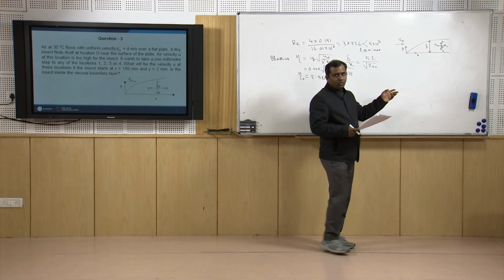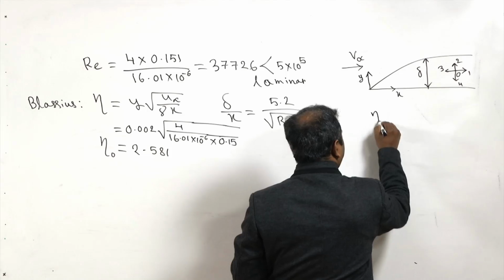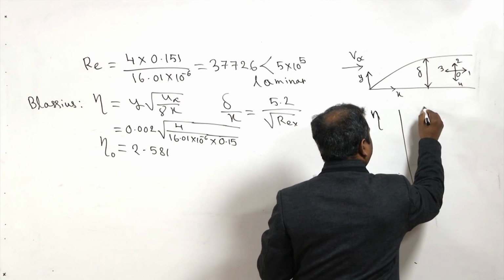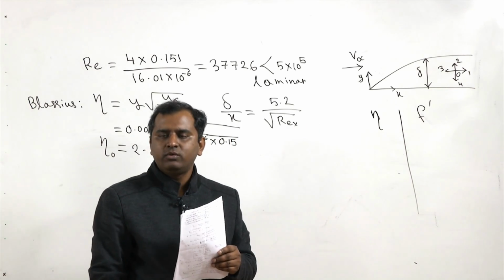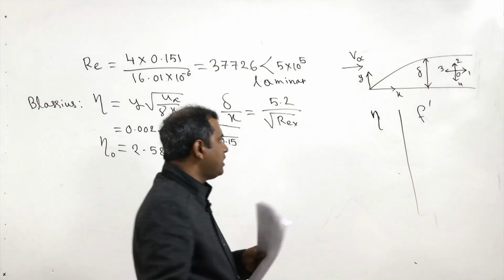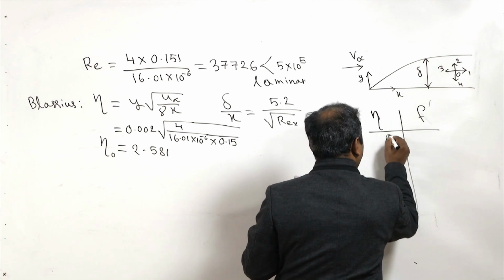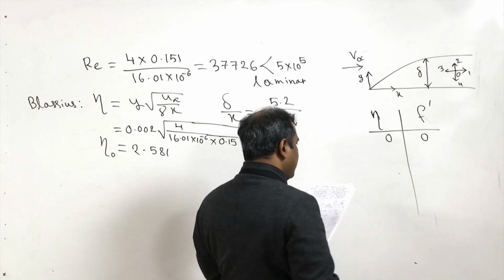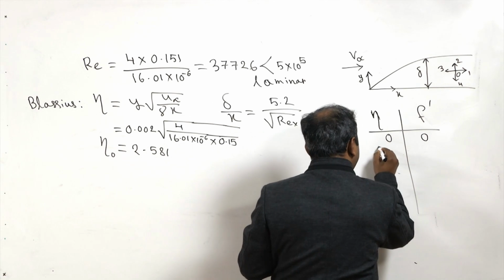Let me not go over that solution here, but let me give you a table for different eta values and the corresponding f dashed values, because f dashed is nothing but u by u infinity as per Blasius. So, at the 0 boundary, eta 0 means f dashed 0, from the no slip boundary condition. Then let me give certain intervals.